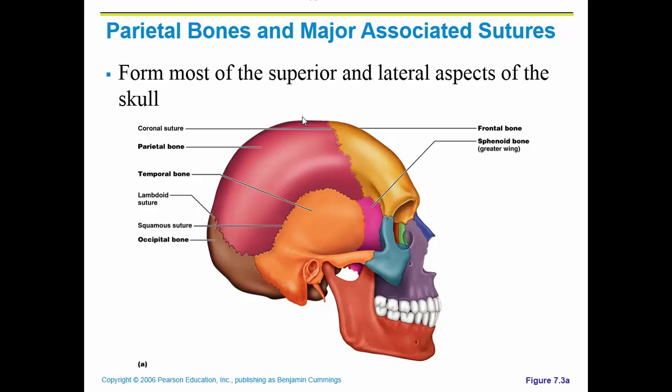The parietal bones are very large. You have two parietal bones that are fused together, and they make up the sides of your head towards the top, on each side.